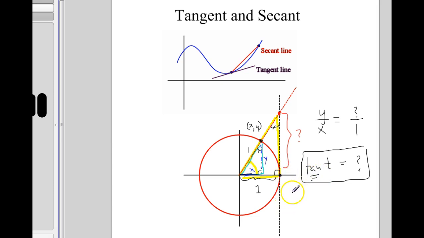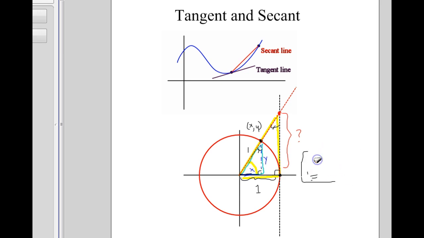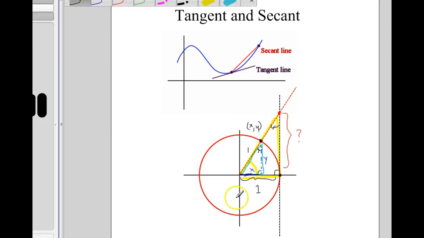Alright, now the trickier thing is this guy right here, the yellow side. Alright, we can set up another proportion to solve for that. Or sorry, not the yellow side, but the hypotenuse of the yellow triangle, I should say. But all the ratios are proportional, meaning the hypotenuse to either side is proportional to, and the yellow triangle is proportional to the hypotenuse for this other one.